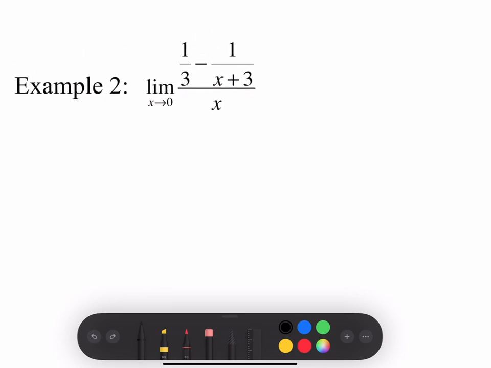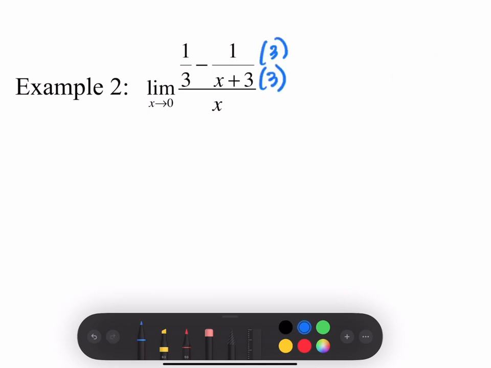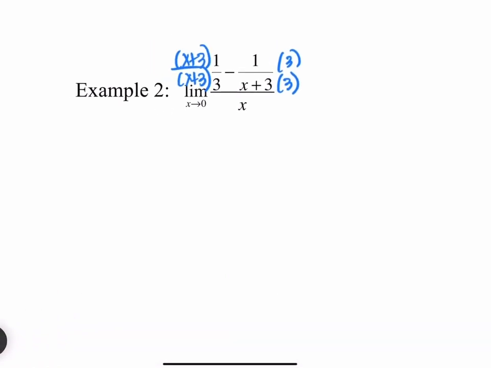So I'm going to start by getting them to have the same denominator by multiplying by each other's denominators on the top and on the bottom. All right. Now I can simplify a little bit. I'm going to get x plus 3 over 3x plus 3 minus 3x plus 3.